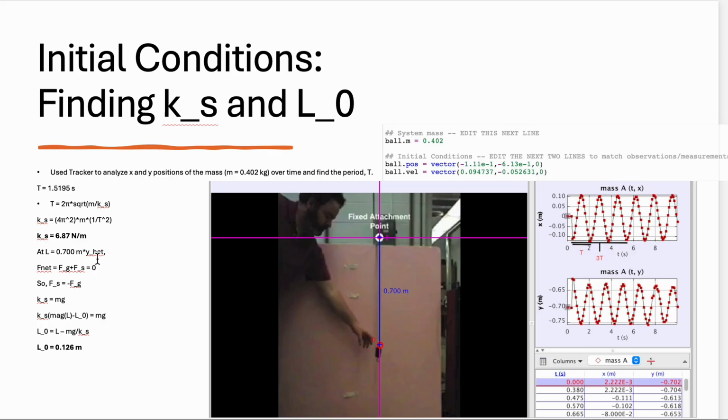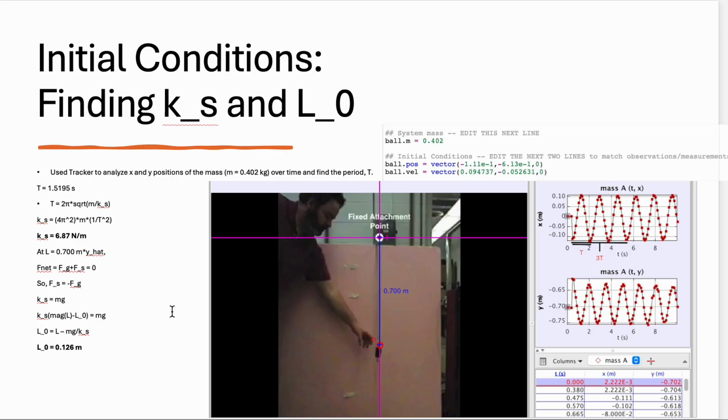The reason why we need to know this is because we need to find the spring constant and find L naught. So, knowing this, we can just solve for the spring constant, which we found to be 6.87 newtons per meter. For L naught, we needed to set up F net at equilibrium, where F net equals 0.